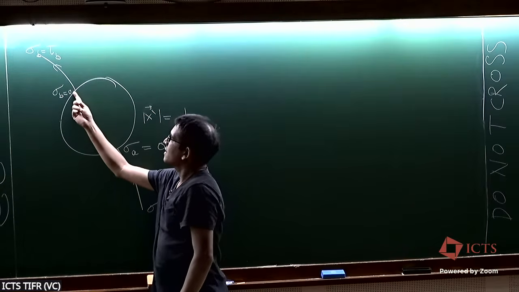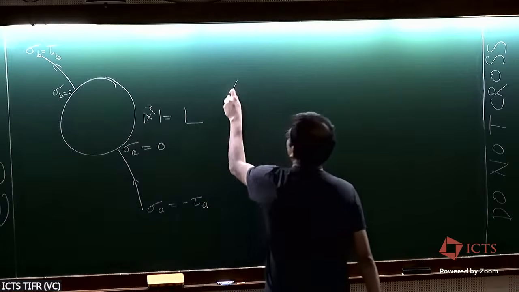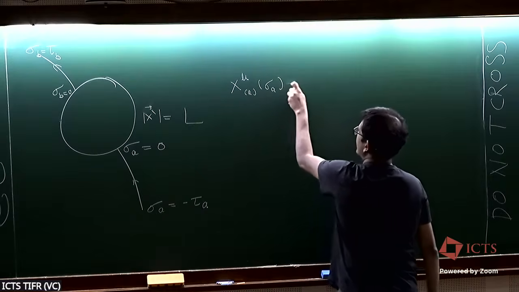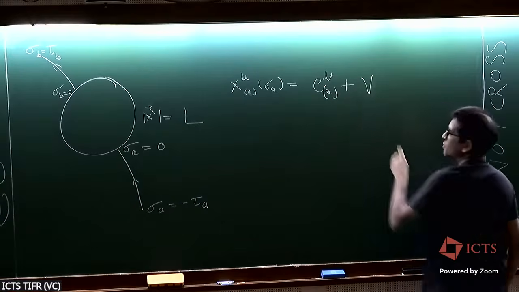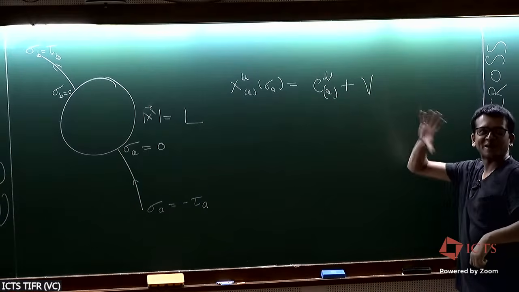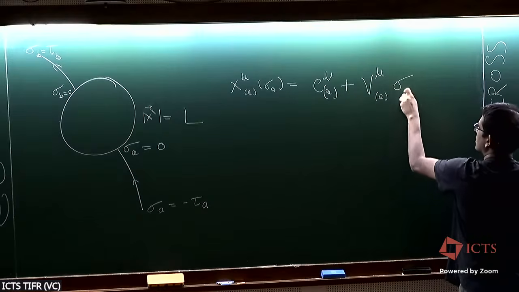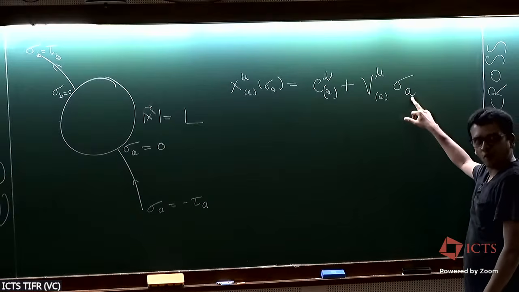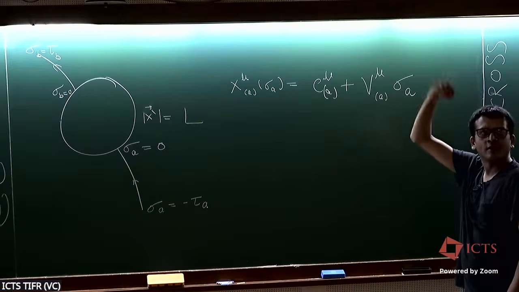But if I give you a free trajectory, let's say some random trajectory like this, then I can always choose sigma A to go to minus infinity for all the particles by assuming that for outgoing particles, my velocities are incoming.